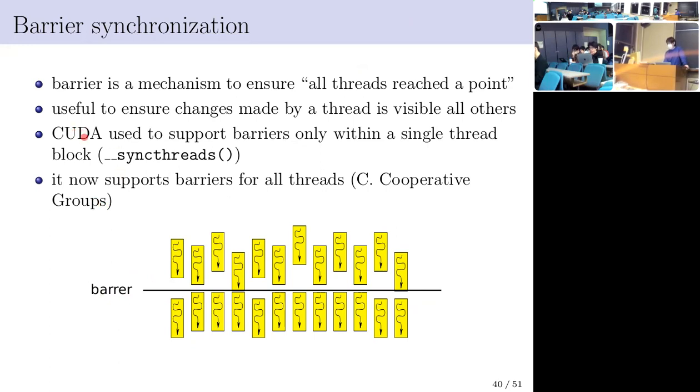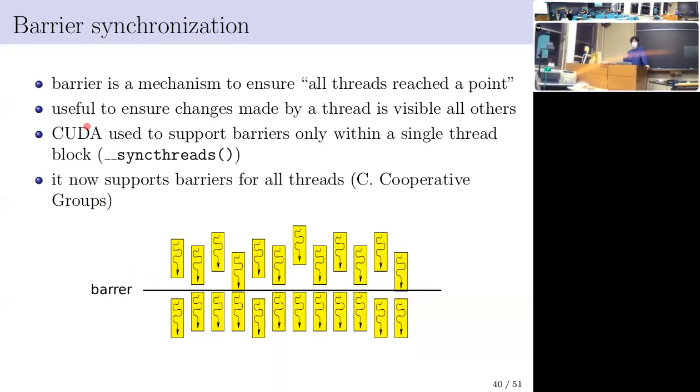So the original CUDA in the very early version used to support this single function call, something called __syncthreads. So this is the barrier synchronization mechanism within a single thread block. This used to be all you have in CUDA programming.